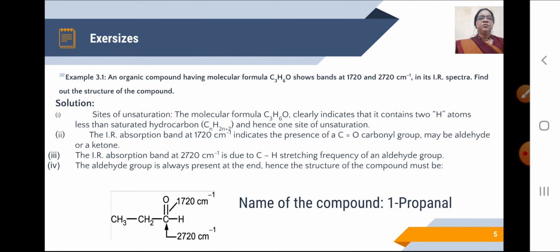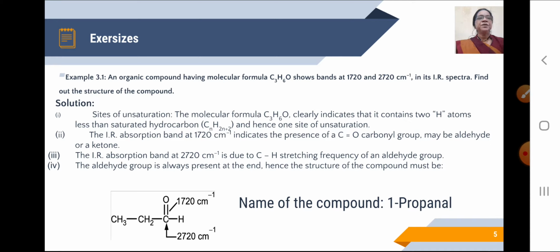And the aldehyde group is always present at the end, and therefore the structure becomes CH3CH2CHO, and therefore the name of the compound is 1-propanal.